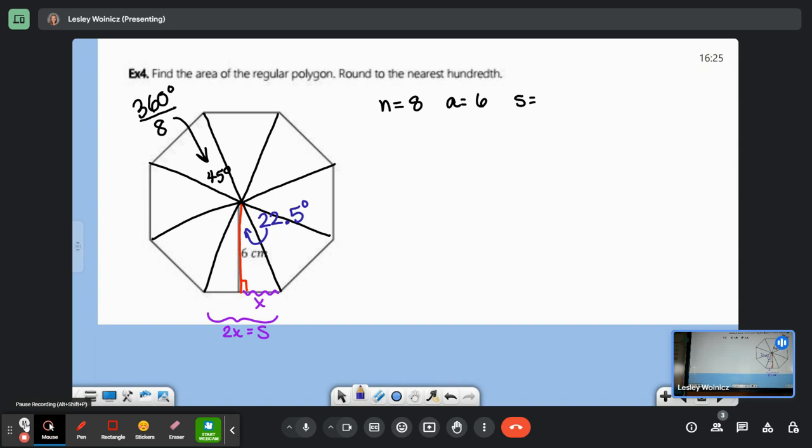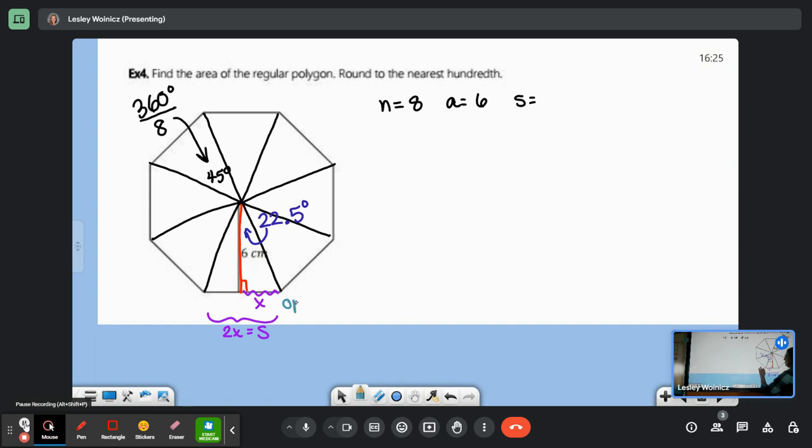So I already know that my apothem is 6. I want to find x so that I can double it. With respect to my 22.5 degree angle, what is my x? Opposite, adjacent, or hypotenuse? It's opposite. It's straight across.